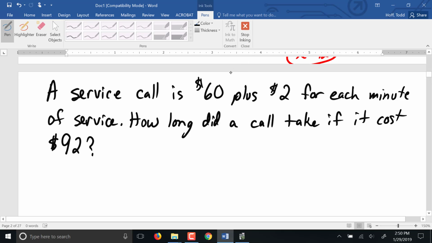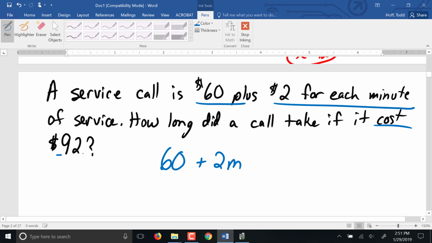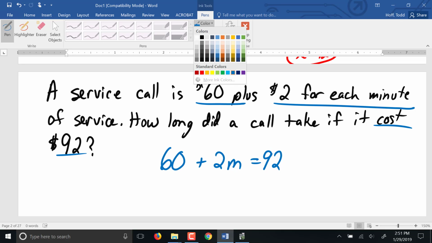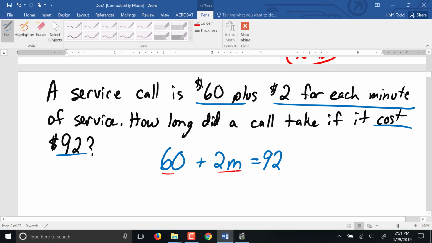So again, here there is no set formula. We have to figure it out. It's $60 plus $2 per minute. $60 plus 2 times M for a minute, or times X, whatever we wanted to use. That's the cost. And we know it costs $92. So again, $60 plus $2 per minute equals $92 total charge. Now we go ahead and solve.